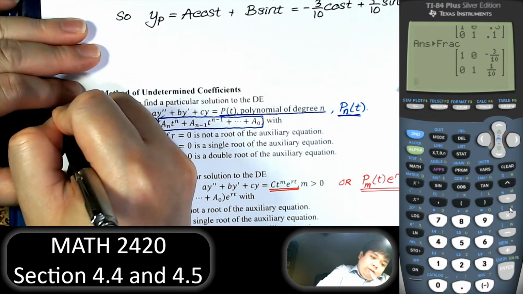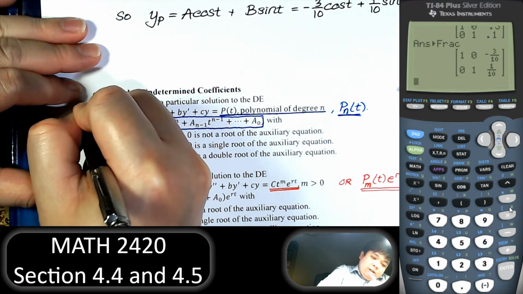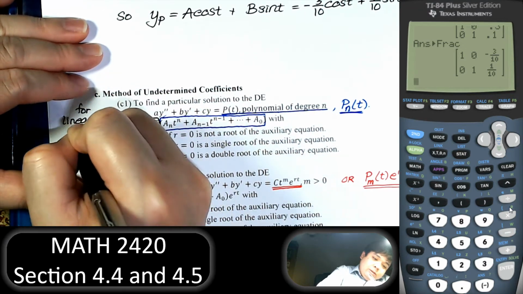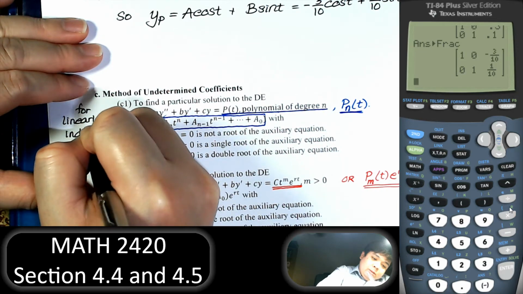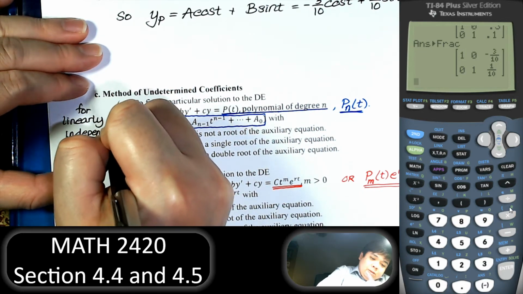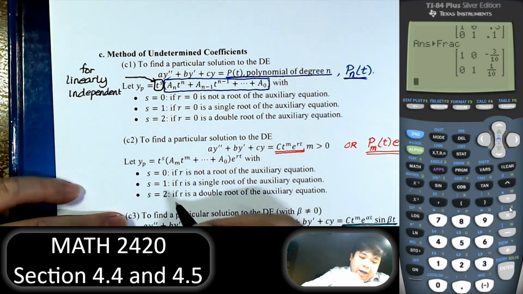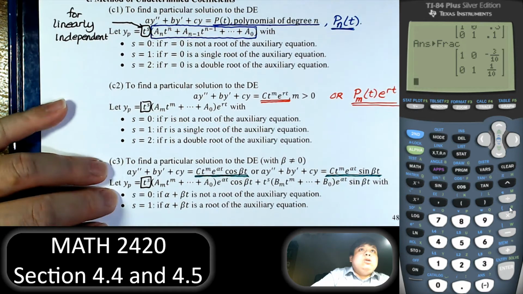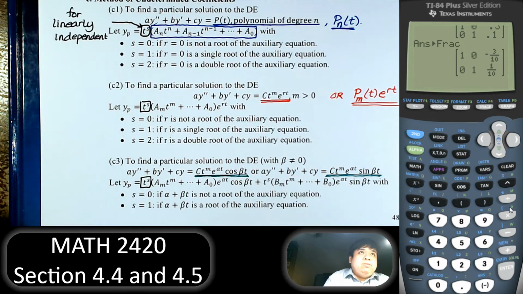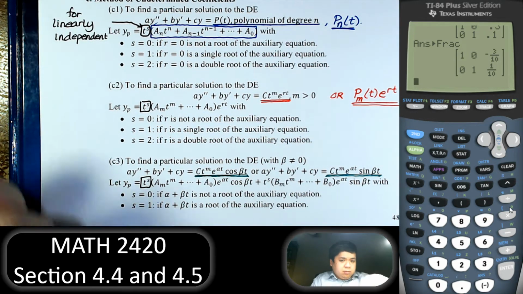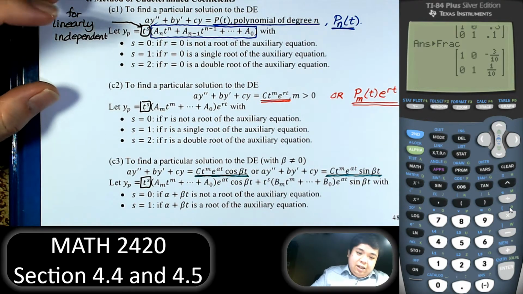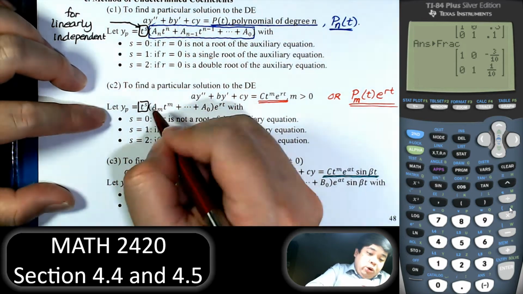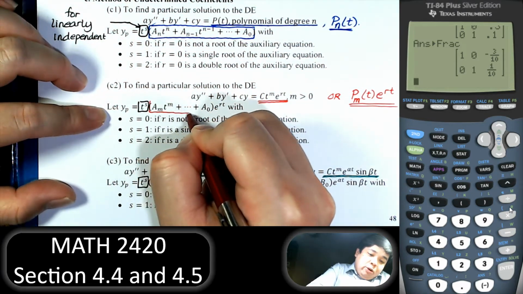So for linearly independent, all of them have it. So all of them will have a term like this. And then next, if it is in this form of a polynomial times exponential, we will get the same thing, the full polynomial times exponential.